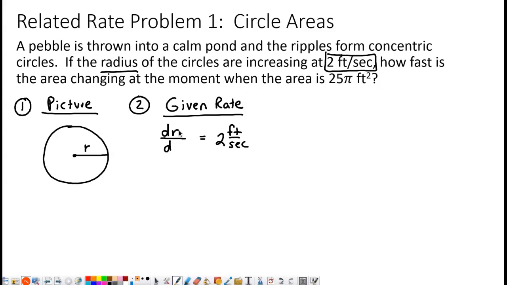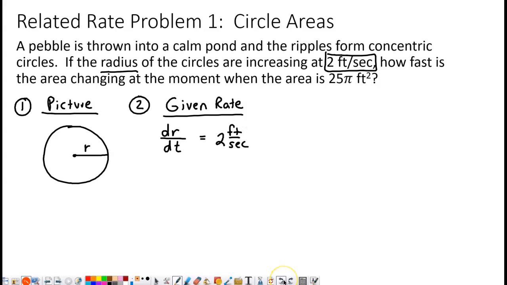Now just so you guys know, the bottom in these problems is almost always going to be t. It's time. But you could tell that from right here. It's seconds, so we know that that's time. Whatever's the denominator on the right side is what the units are for the denominator on the left side. But on the top, feet isn't very clear sometimes. That feet could represent a lot of other things.